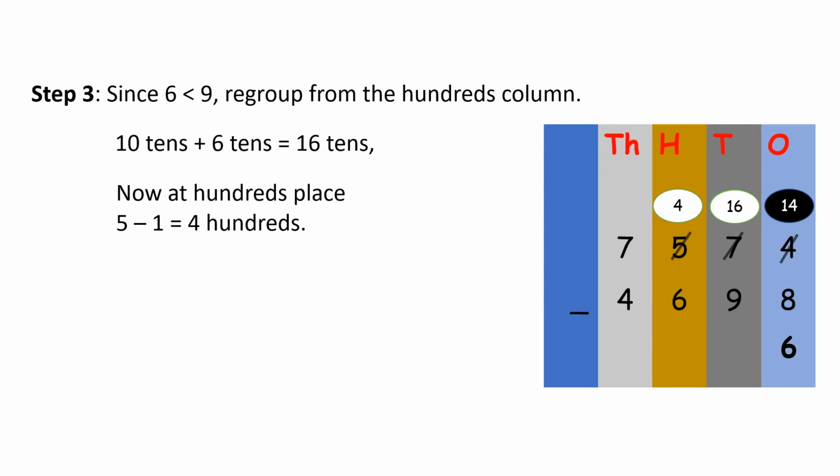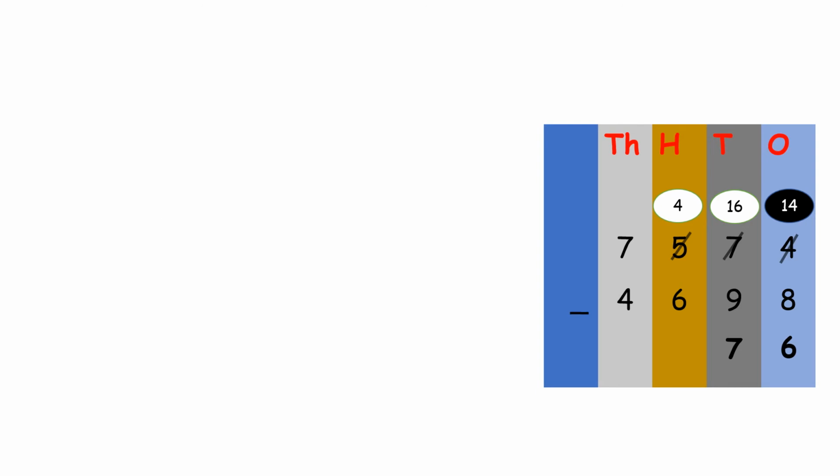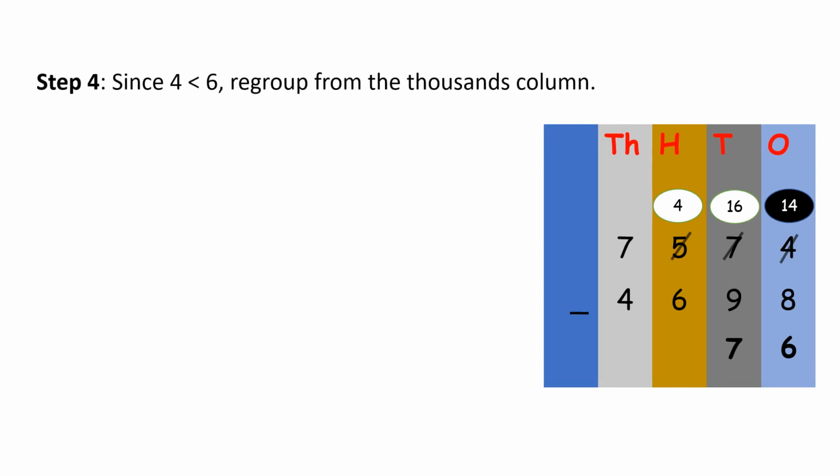Okay, now we start subtracting tens place value. 16 tens minus 9 tens, we will get 7 tens. Now when we are going to the next place value, hundreds place, here also we can see that we have to subtract 6 from 4. 4 is less than 6.